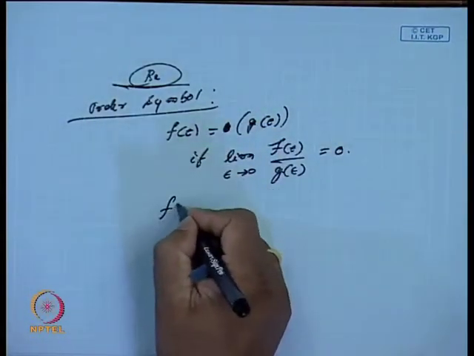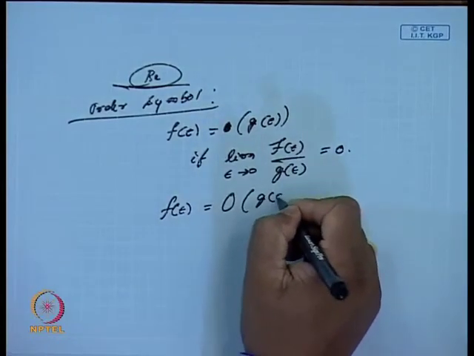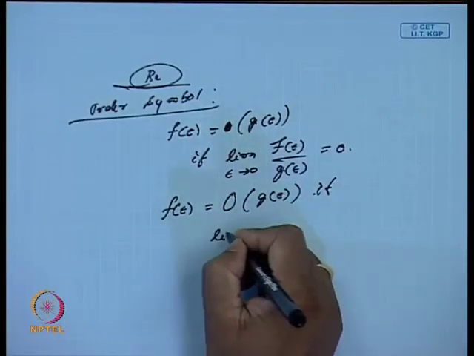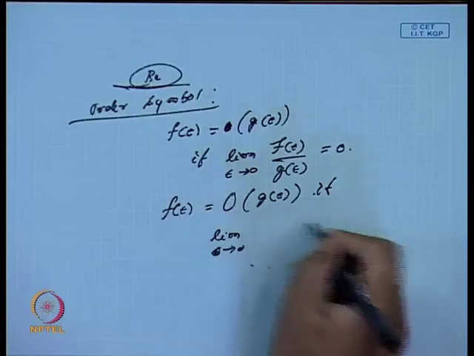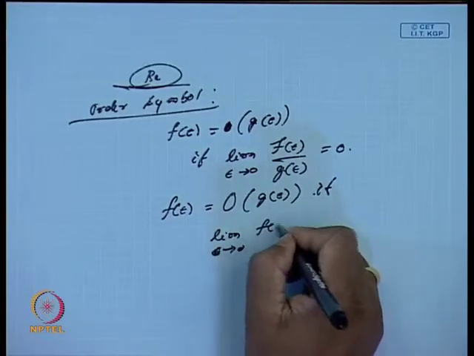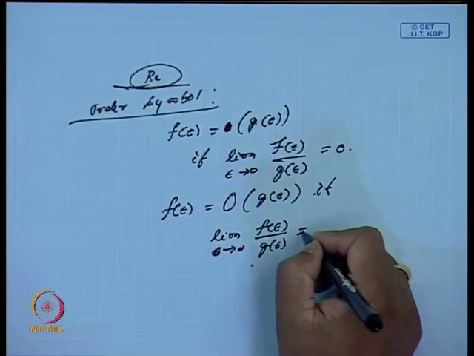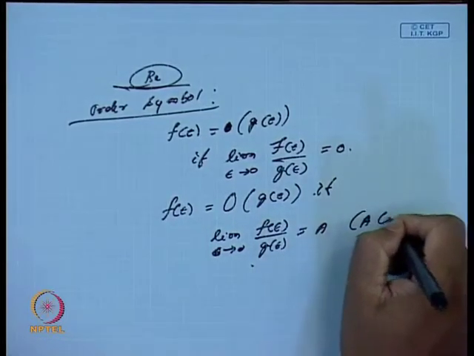On the other hand, I say f of epsilon is equal to capital O of g of epsilon if the limit as epsilon tends to 0 of f of epsilon by g of epsilon is bounded, equal to some constant value.